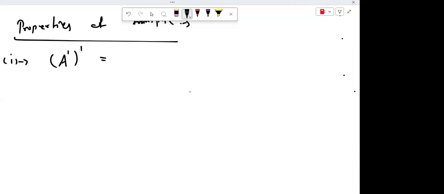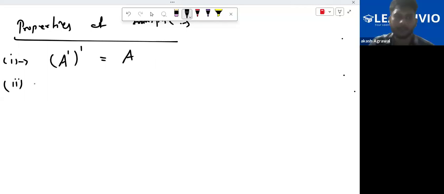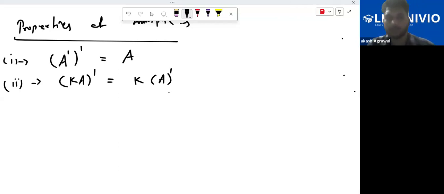It should be A. Yes, the same thing. Absolutely. Very good. If you transpose it two times, it automatically becomes the same matrix, right? Second one, suppose we have a constant multiplied with it, you can take it outside also, right? The constant has no role when you take the transpose of a matrix.